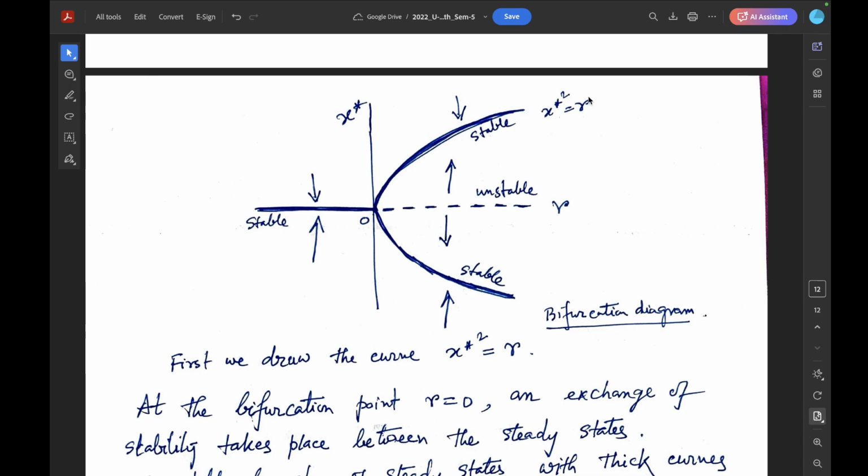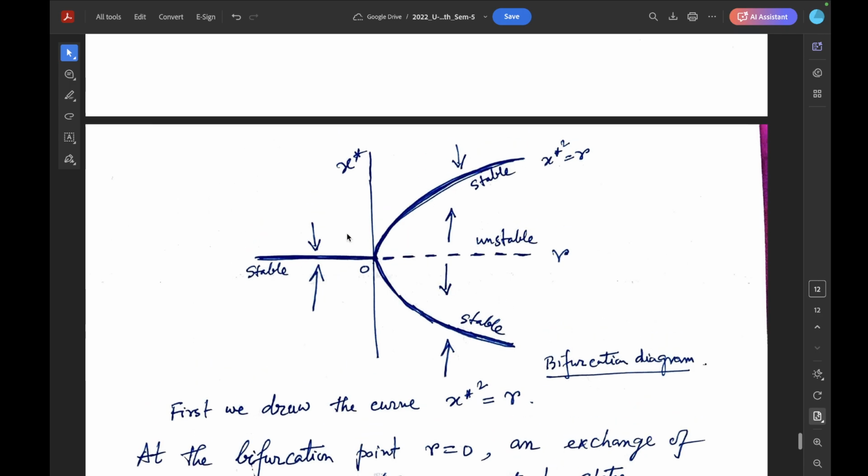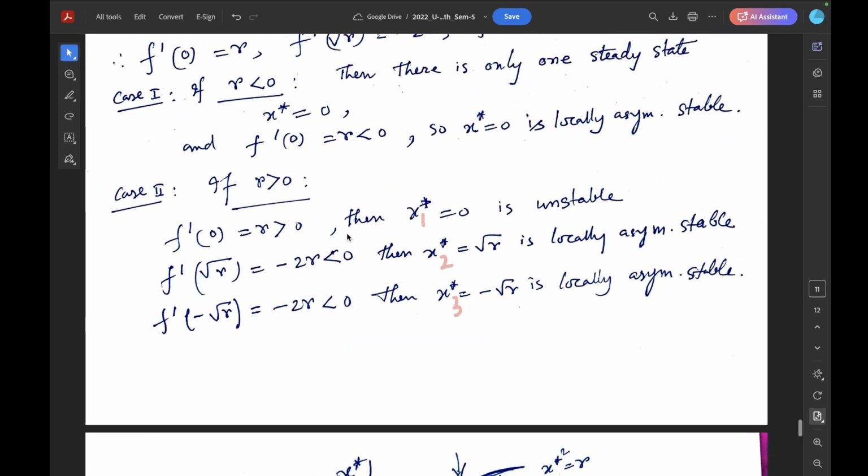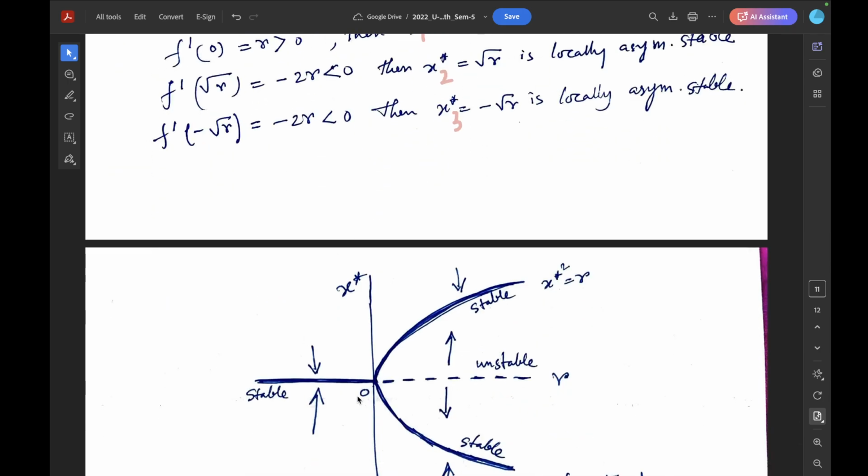First we draw this curve x square equal to r. Now when r is less than 0, there is only one steady state, x star equal to 0, locally asymptotically stable, and we draw this part of the line with a thick line. This is stable, so the arrow is towards this line.